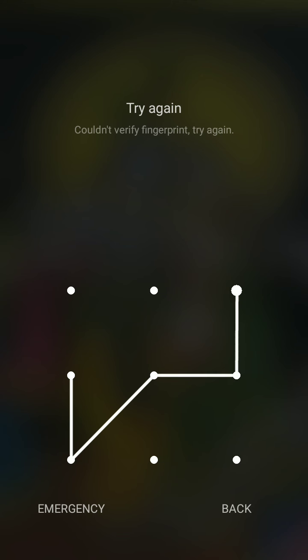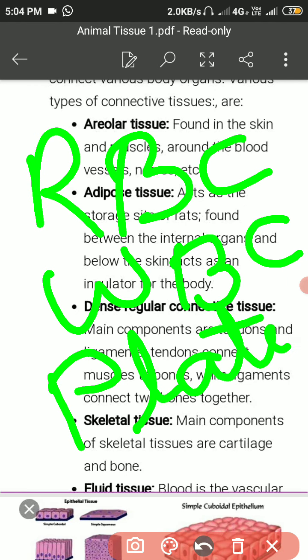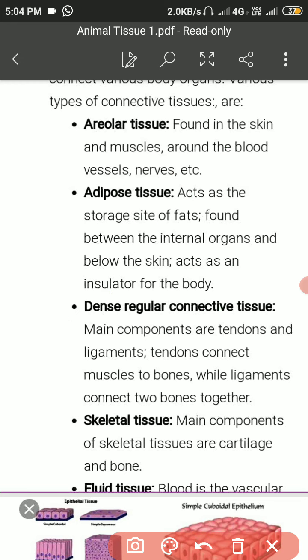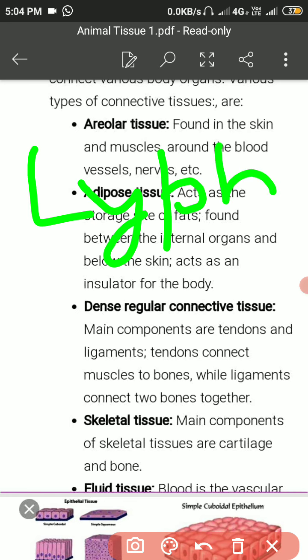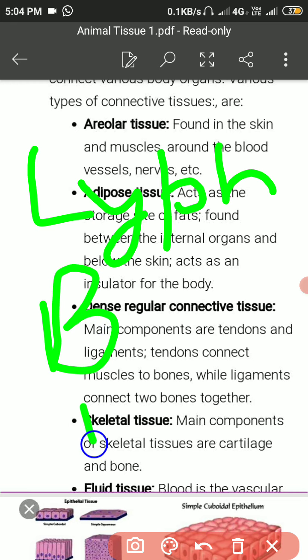Now come to the lymph. Dear student, lymph is another type of fluid connective tissue, and it has B lymphocytes and T lymphocytes. These lymphocytes are responsible for making the acquired immune system of the human body, because they register the memory of a particular pathogen, and they produce antibody according to that pathogen's memory.